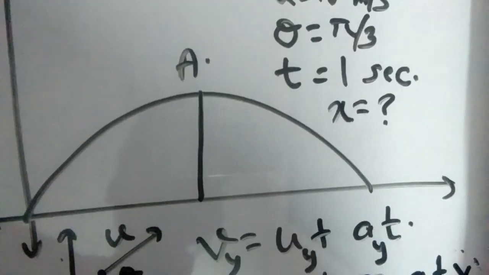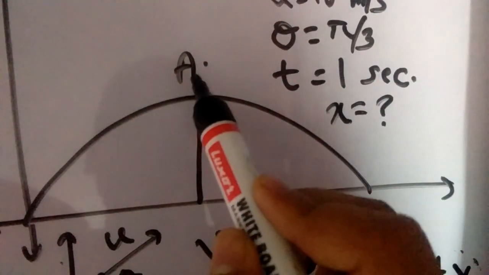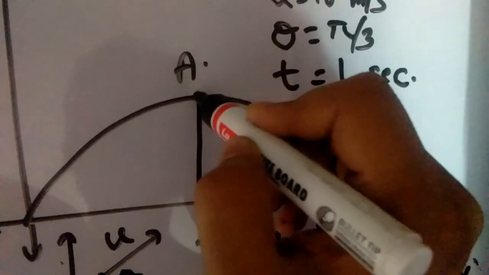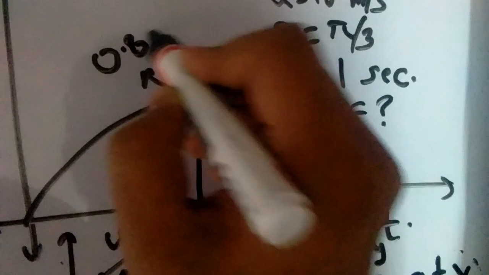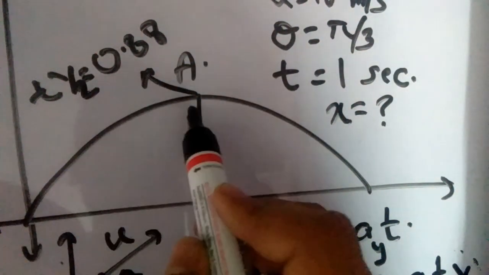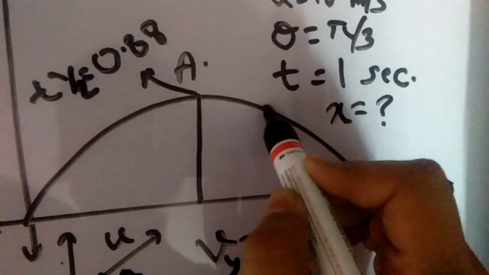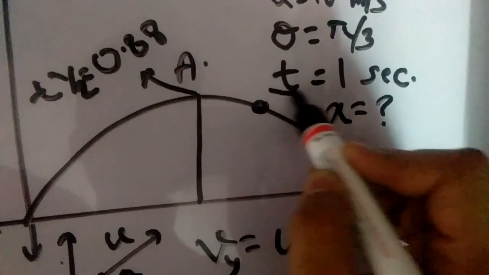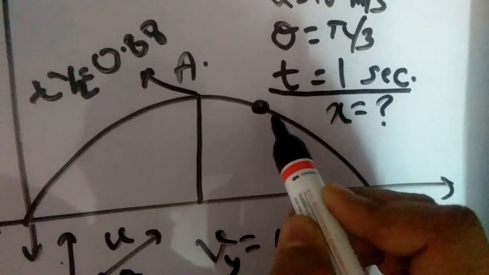This is the position at t equal to 0.88, which is t half. So our body must be somewhere here, and this position is t equal to 1 second.